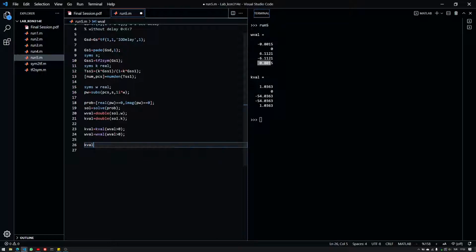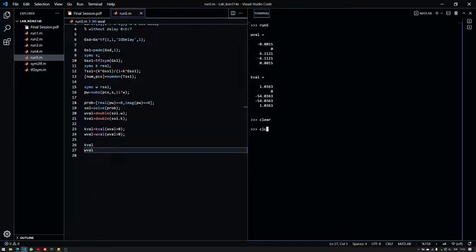So let's see what k val and omega val should be. Now we are reduced to 2 of them, and we can also see where the crossing happens. For minus 54, we have an omega value of 6, and for the positive value 1.03, we have omega 0.8.